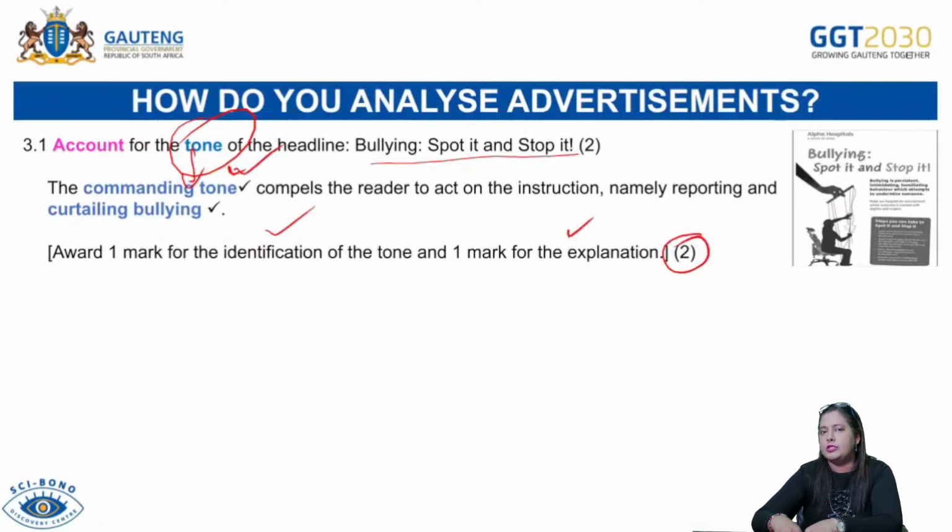The tone is what the author or the writer is feeling about that particular concept or idea. It's his attitude. And then you have the mood, which is created when you read the particular work of art that is being focused on. Right, so that is how we deal with that question for 2 marks: identifying the tone firstly, and then telling us what you should do to curtail bullying. All right, because that's what the question is asking of you.